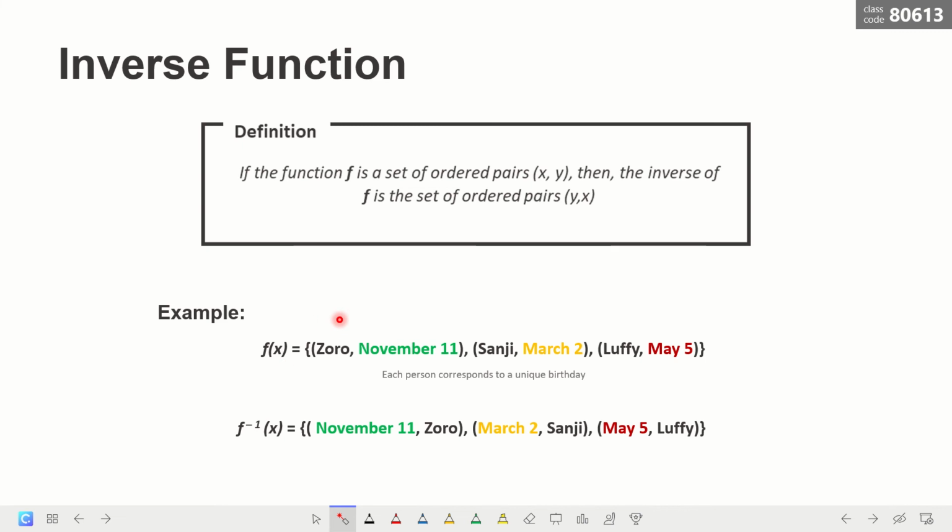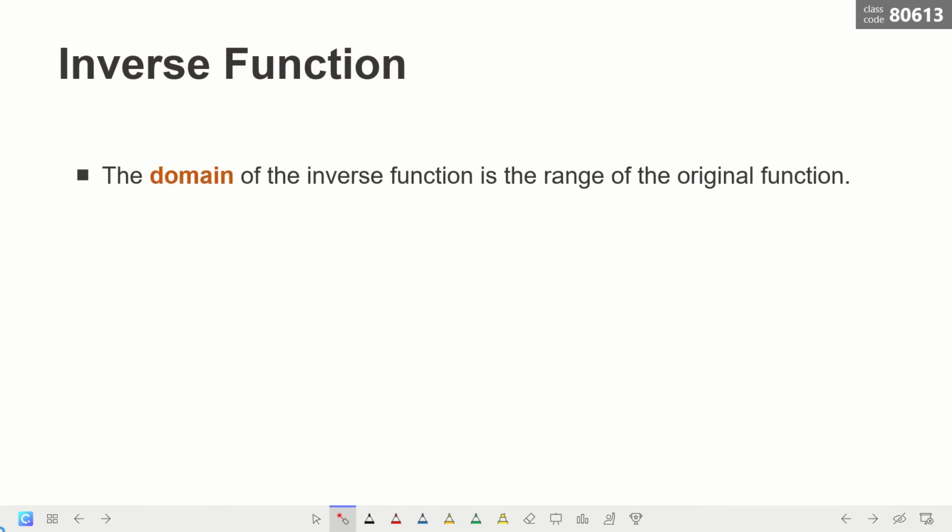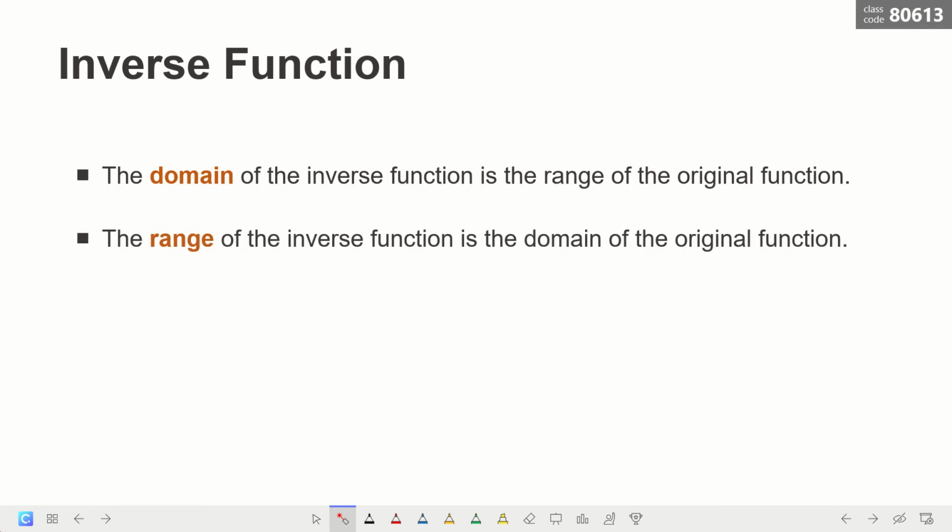Yung domain ng ating original function will become the range of our inverse, while the range ng ating original function becomes the domain of our inverse. So, binaliktad lang natin. We interchange x and y. So, the domain of inverse function is the range of the original function, and then the range of the inverse function is the domain of the original function.